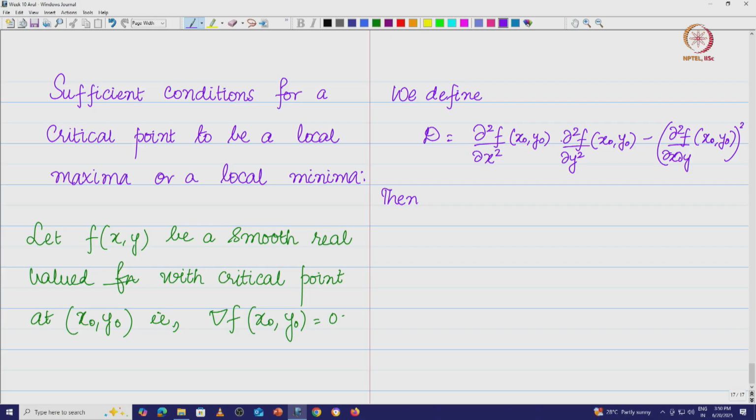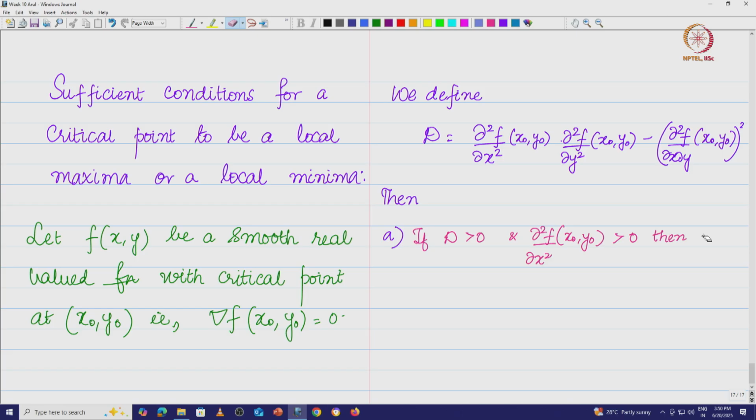Then we have the following conditions. A, if d is greater than 0 and dou squared f by dou x squared at x naught comma y naught is greater than 0, then we have a local minimum.